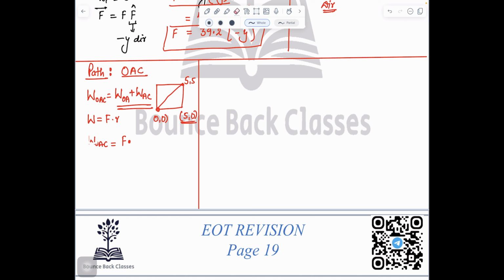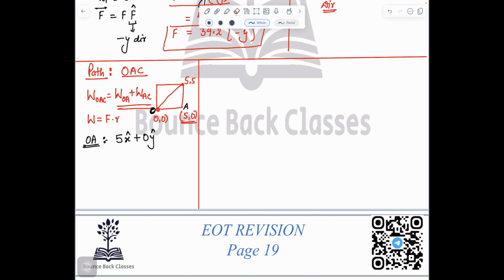I will explain this in detail so that you can understand. How to write OA? Because this is the distance, can I say 5x cap plus 0 y cap? Yes or no? Do you understand?